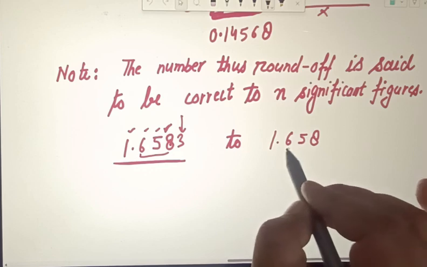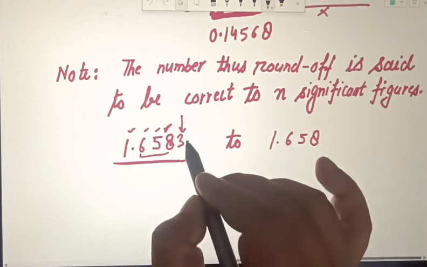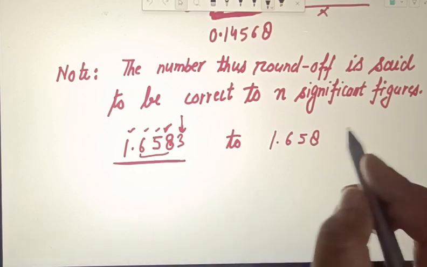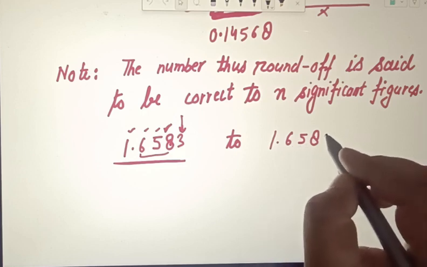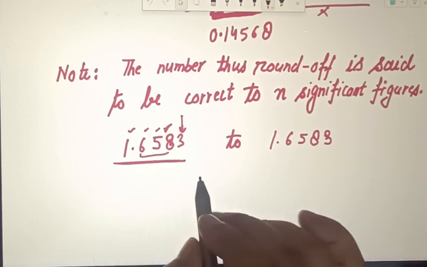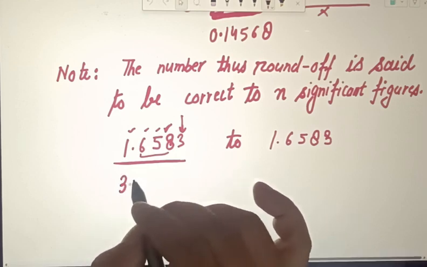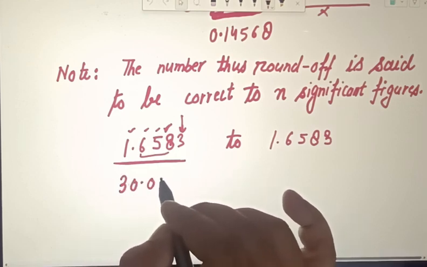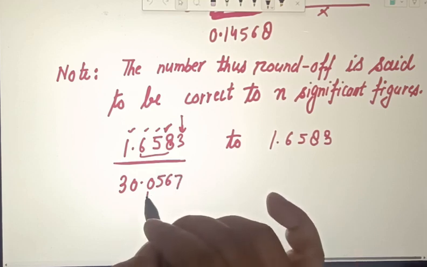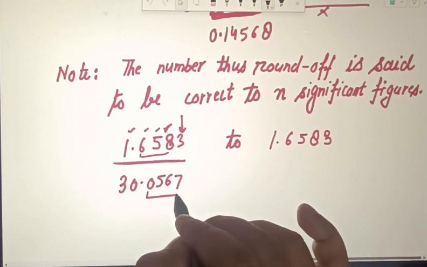First we will write 1.658, then what about 3? It is less than half or greater than half, okay. If it is less than half, then leave it unchanged, there is no change. Now in case of, for example, 30.0567, correct to 4 significant figures we need to see this number, okay.